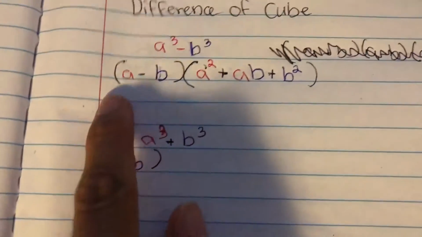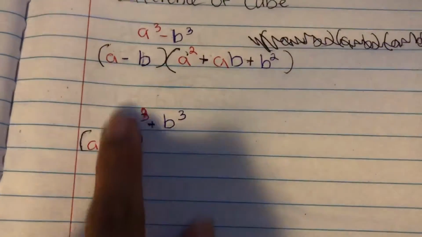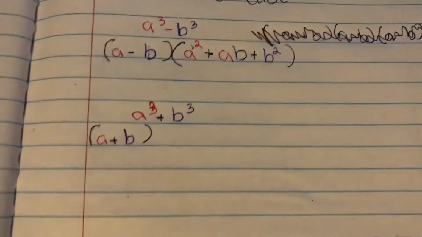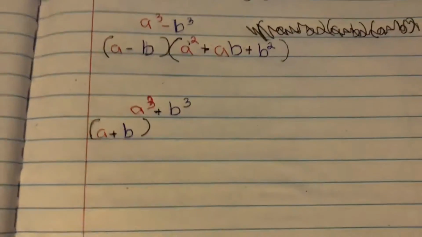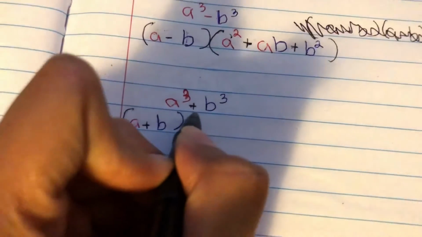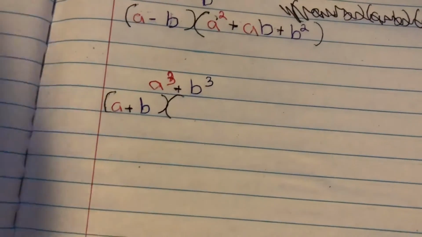Same thing we did here. We brought down the a, we brought down the a, we brought down the b, we brought down the b. We brought down that minus, we bring down the plus sign. We didn't do any magic, we didn't do anything different yet. So we're gonna do the same format that we just did.